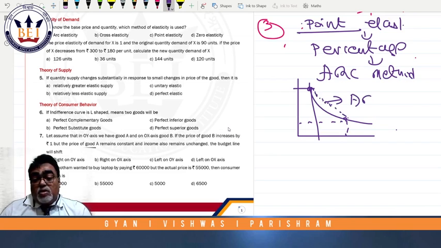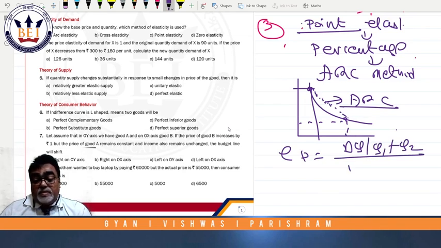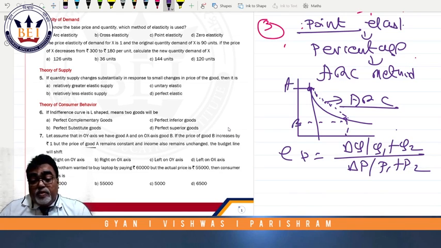In geometry it is called an arc, but in mathematics it is called the average of base, because the problem starts with choosing a base. When the base is A and you go to B, you get one result, but when you go from B to A, you are left with another result.